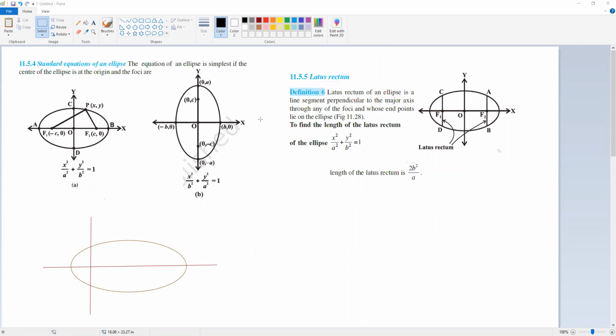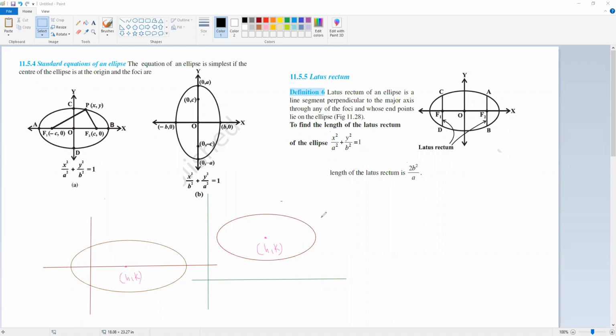It can be at any other point. So इधर आप देख सकते हैं. तो देखो, center is not at the origin. Center is at the point h comma k, whatever it is. Center is at another point.